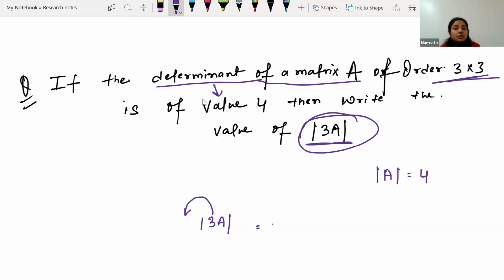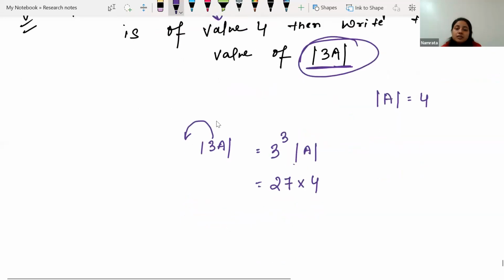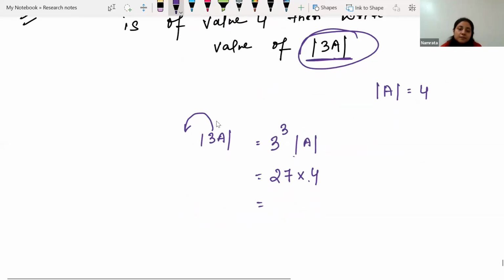Since there are 3 rows, it will come out as 3 to the power 3, and then determinant of A. Just like the previous one, here we have 27, and the determinant of A's value is also given, that is 4. Now we do the multiplication to get the answer. 4 times 7 is 28, 8 carry 2, 4 times 2 is 8, plus 2 is 10. 108 will be the value of this one.